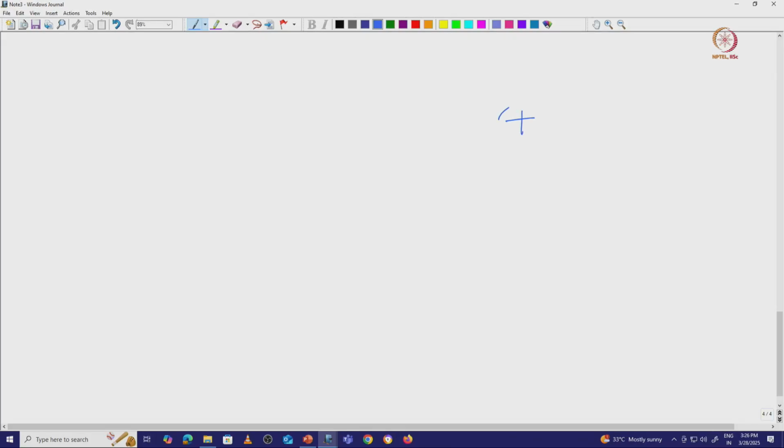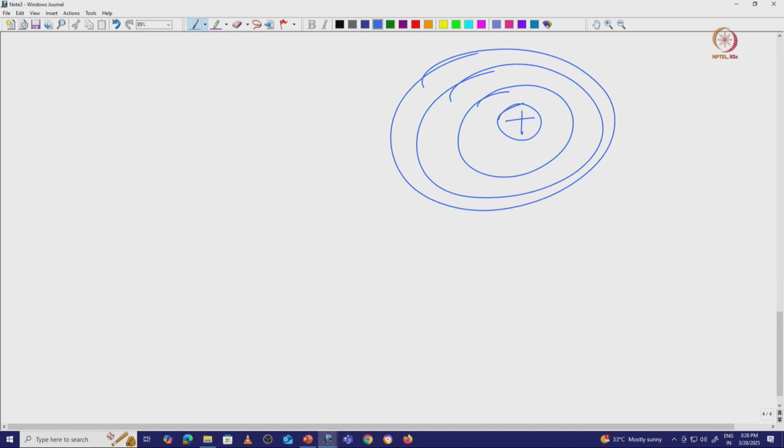If we remember when we talked about scattering, the nucleus is there, and then there will be orbitals. In different orbitals electrons will be there, and sometimes an electron will come and go back, that is called the backscattered electron, right. Or sometimes an electron will directly collide here, and then another electron will go out, that will be the secondary electron.